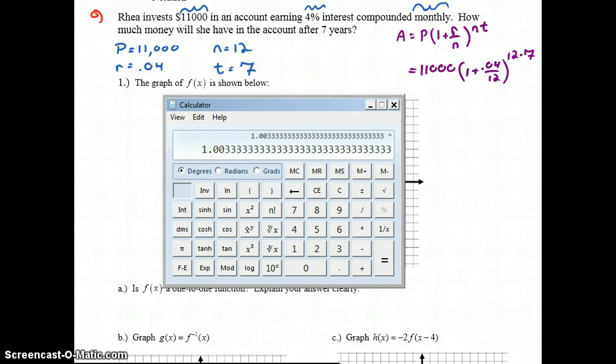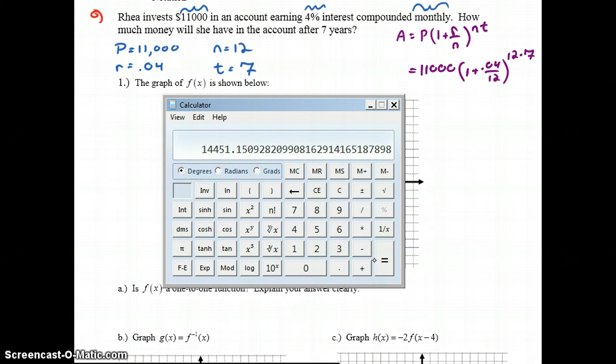Well, that is 12 times 5 is 60, plus another 24 is 84. Gets me 1.31, all that times 11,000.